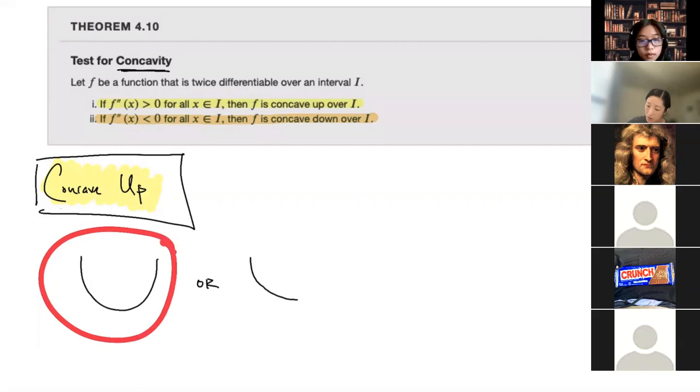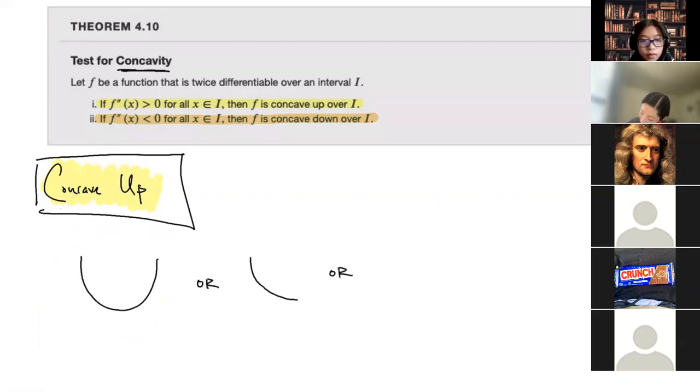Okay, so if this is concave up, then so is this. So picking the whole parabola or the left half or the right half, in all three of these pictures, if you take the second derivative of the function, you'll find out that it's greater than 0.